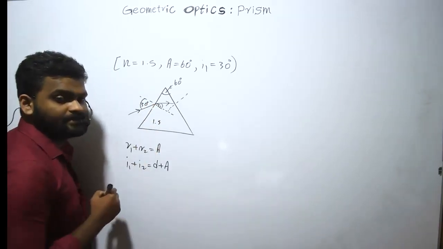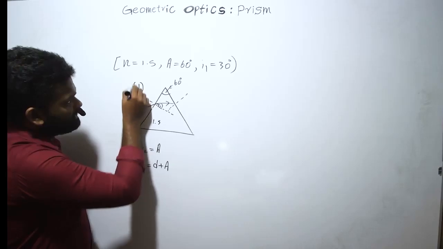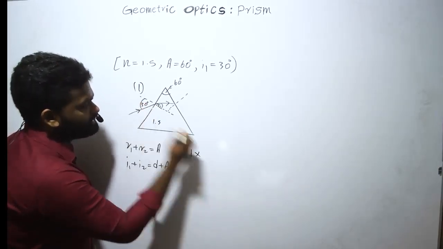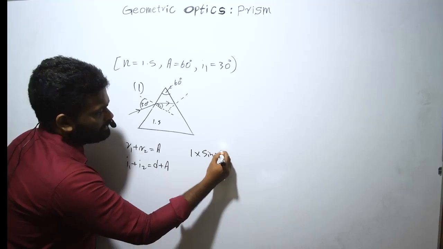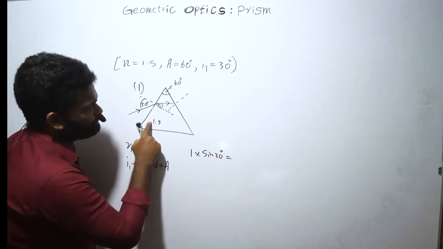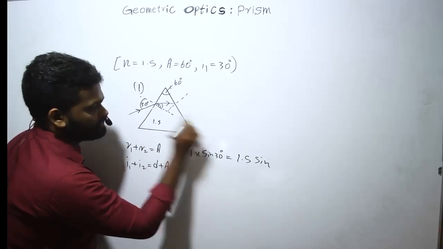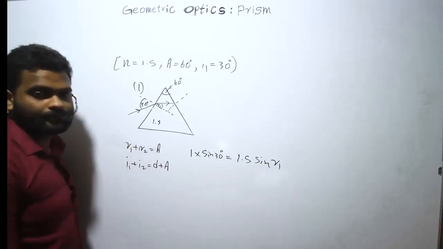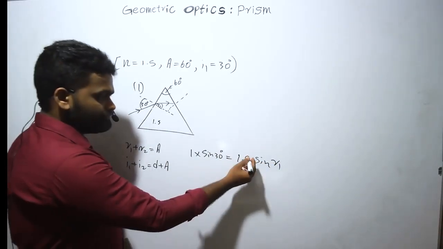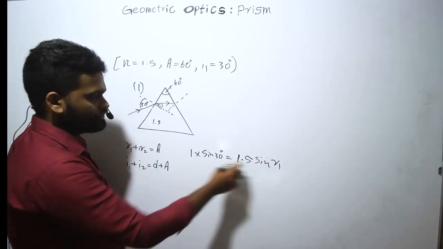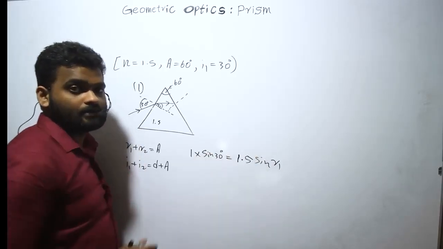So how do we apply Snell's law? Refractive index of air is 1 times sine 30 equals, here the refractive index is 1.5 times sine R1. So you have to simplify this and find R1.